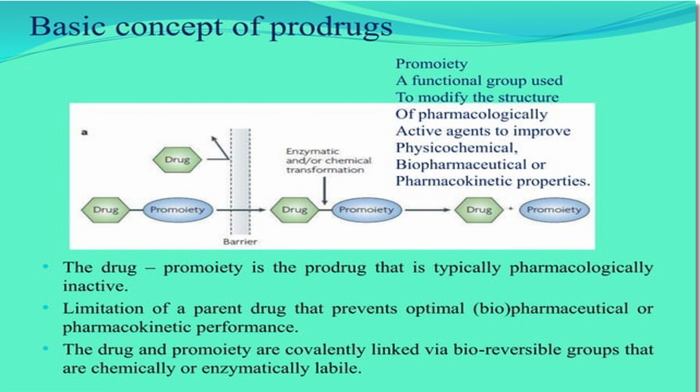The main objective behind prodrug design is that the parent drug prevents optimal biopharmaceutical or pharmacokinetic performance of the drug molecule as such. For example, if this drug is unable to cross this barrier to reach the target location and show its pharmacological response, what changes are we going to make?